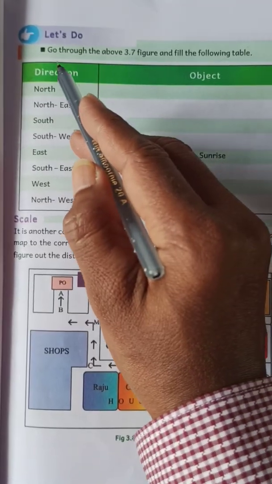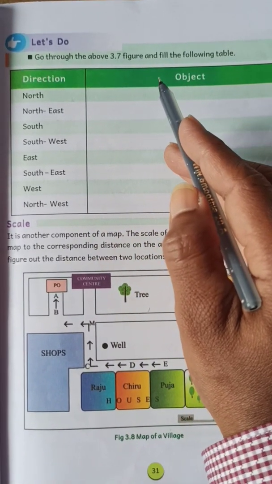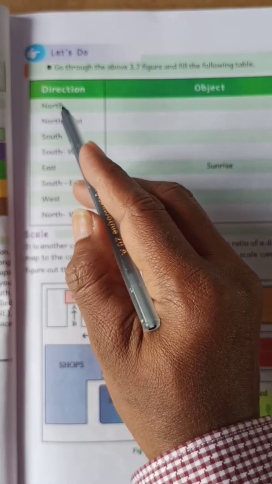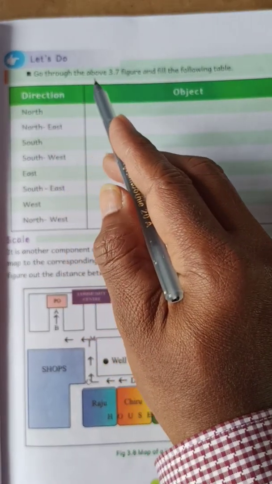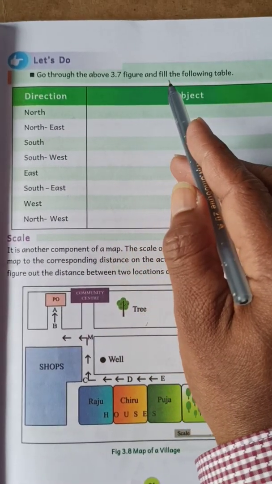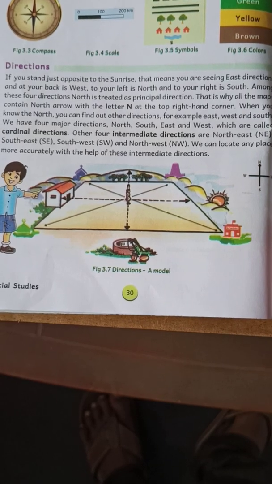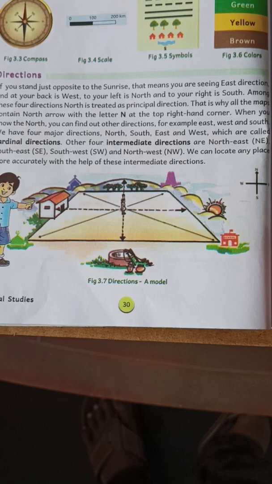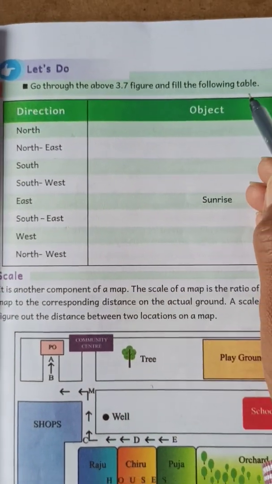Let's go through the above 3.7 figure and fill the following table: direction, object. You must observe this picture once again carefully.